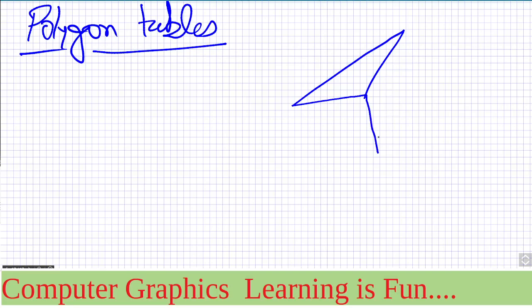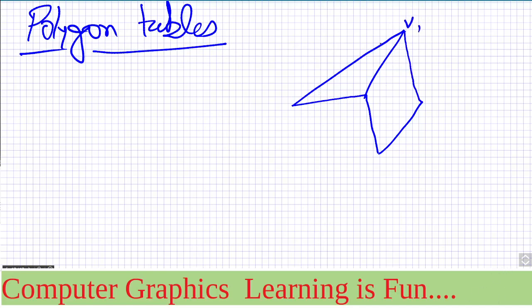So the first thing is Polygon Tables. It is very easy to understand: suppose there are certain vertices, and suppose we have two polygons. This is an object, suppose.